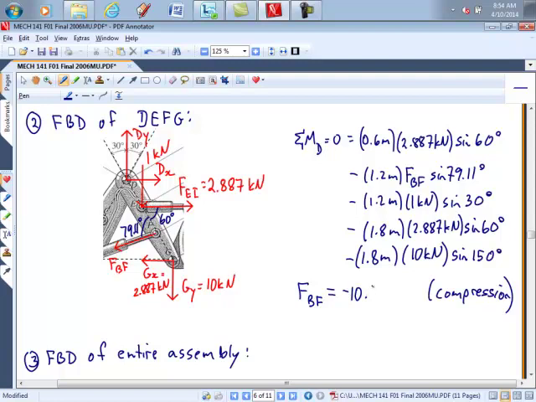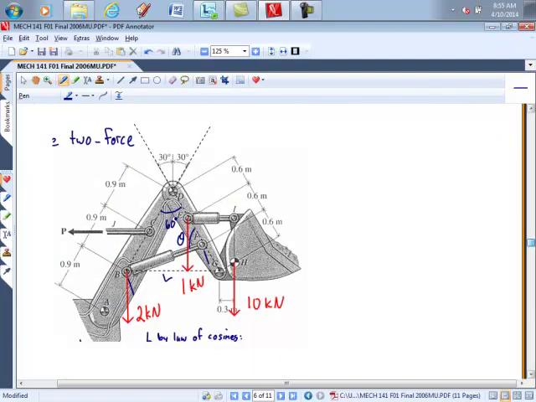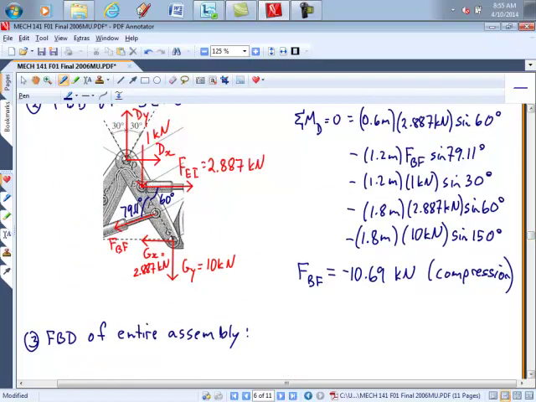Okay, 10.69. What did we have before? 10.64? Yeah, so it wasn't a huge difference because it's not that much weight. Negative 10.69 kilonewtons. Oh, yes, it is 0.6. Put it in the wrong place, too. 0.6.